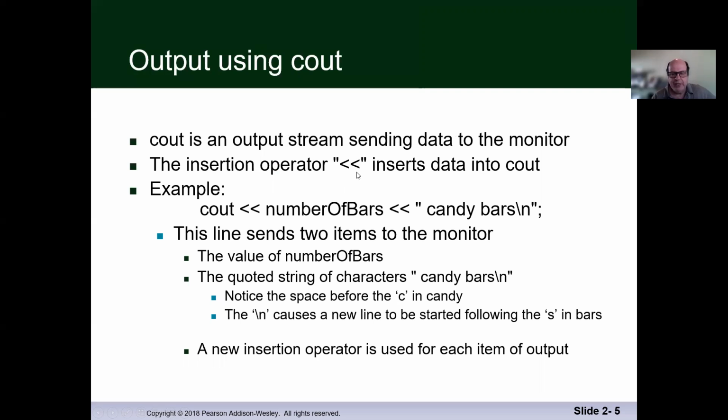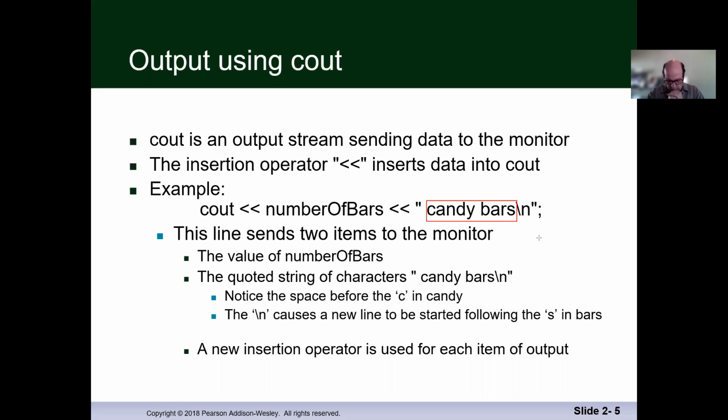So we can print stuff to the screen without even knowing what it is. If I put it inside double quotes, the operating system is not even going to look at it. It's just going to take that and display it on the screen, just like a picture.